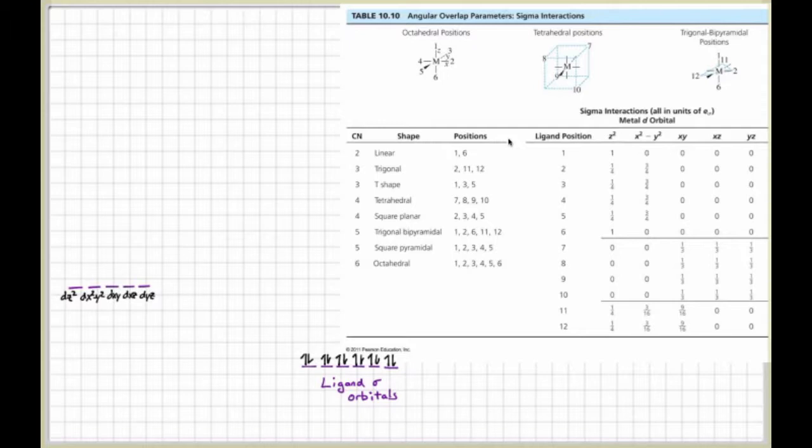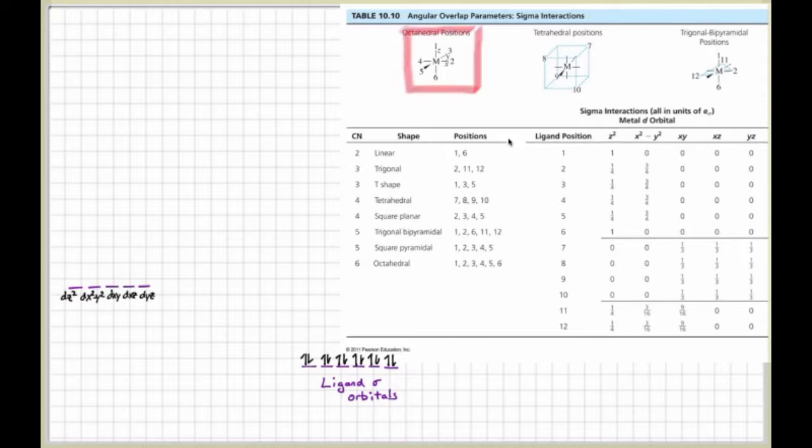Now we can determine the degree to which the ligands are stabilized by the interaction with the metal, and which d orbitals, and the degree to which those d orbitals are destabilized in the sigma bonding interaction, using this table.